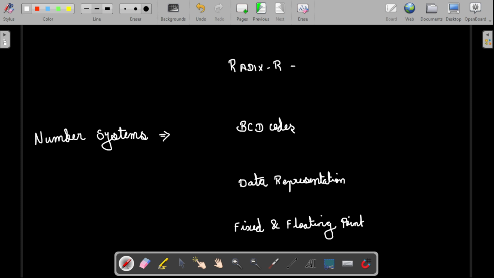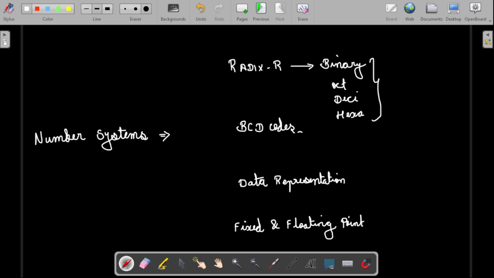In radix-r, the different terms that come under it are binary, octal, decimal, and hexa. These are the four different ones. There are many more, and you can name other radix-r number systems, but these four are fundamentally available in the syllabus or in the IEEE standard.